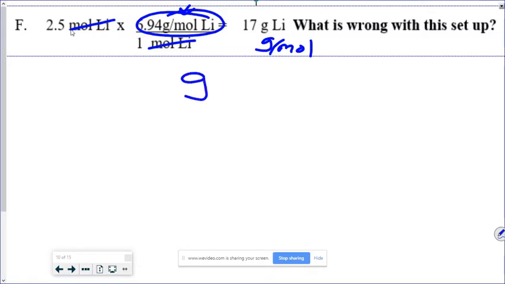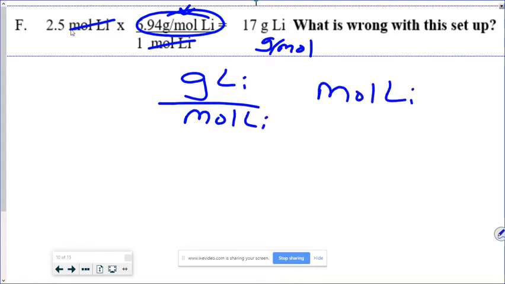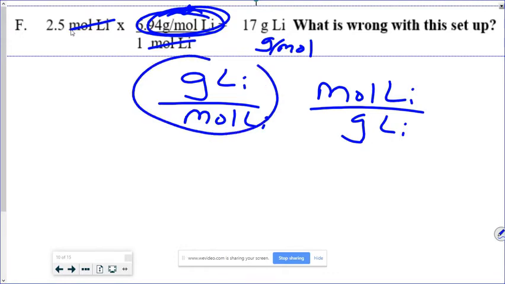We can have grams of lithium over moles of lithium. You can have moles of lithium over grams of lithium, but you can never have grams per mole of lithium on the top or on the bottom, because grams over moles is this right here.